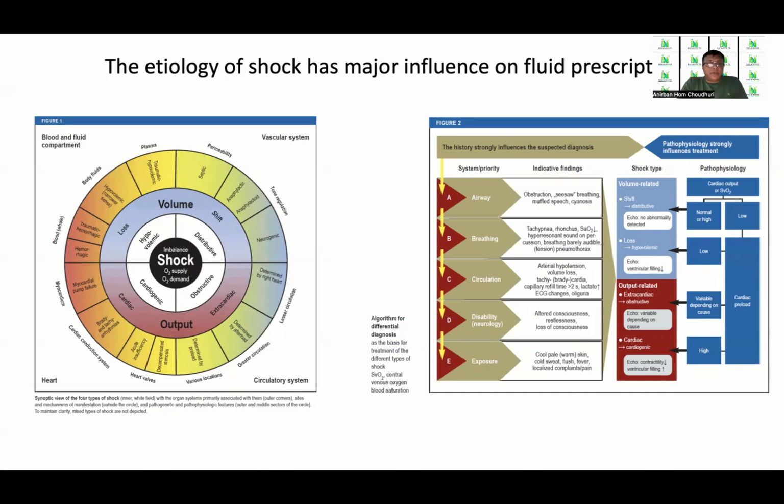Because of this permeability, there is a huge shift of fluid from the intravascular to the extravascular compartment. In hypovolemic shock, there is also loss, and this loss is from both compartments, the intravascular and the extravascular. So the total volume of resuscitation needs to be corrected based upon these losses in these two.